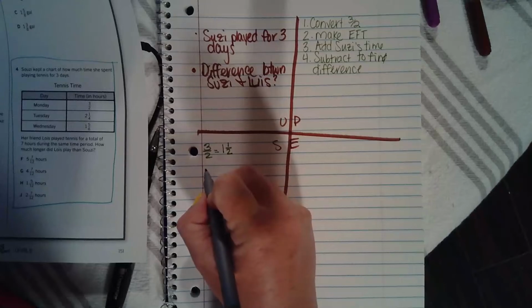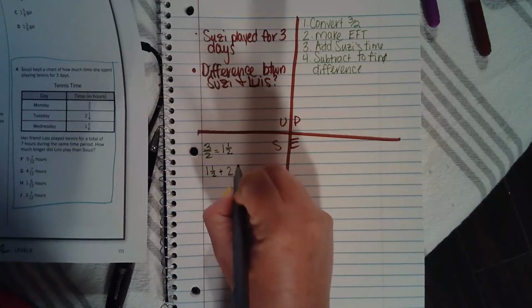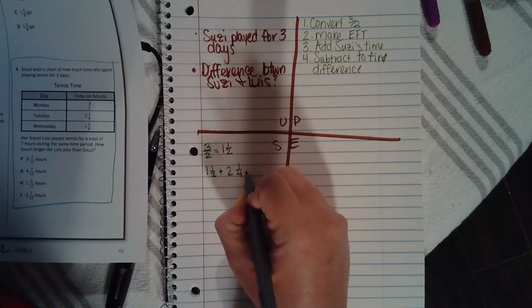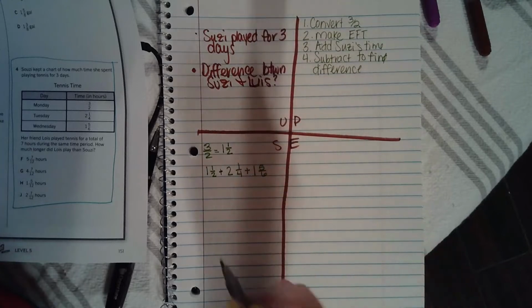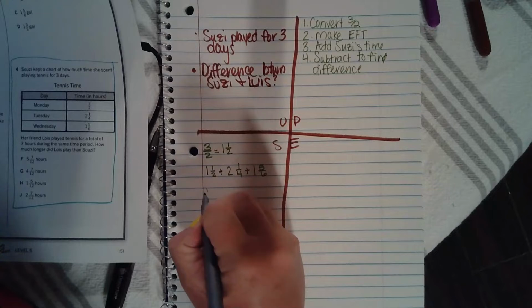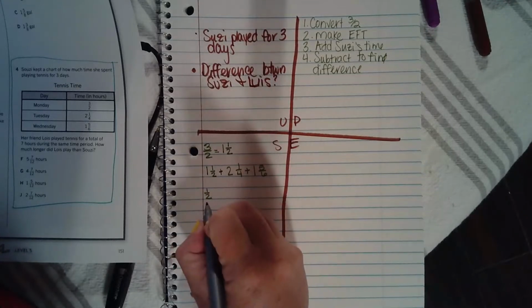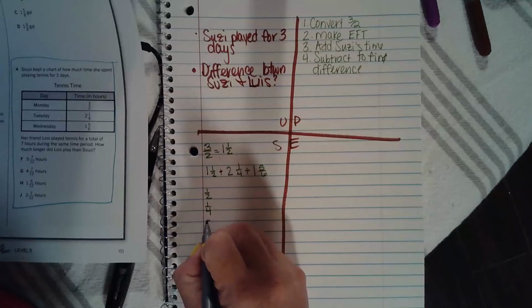So now I know that I'm adding 1 and 1/2 plus 2 and 1/4 plus 1 and 5/6. So I'm going to make those EFTs for 1/2, 1/4, and 5/6.